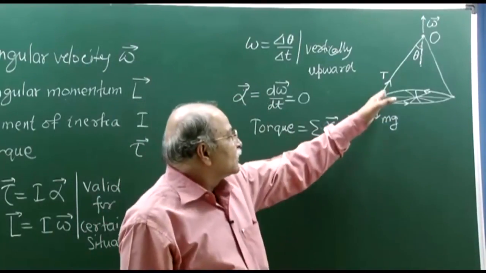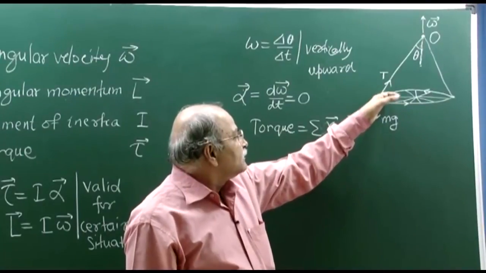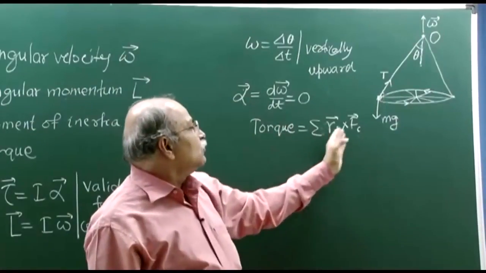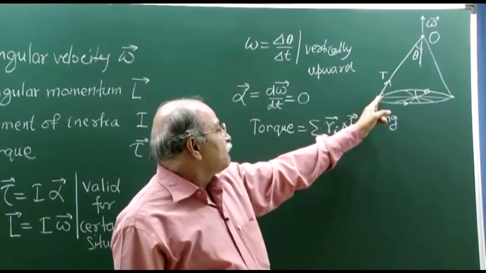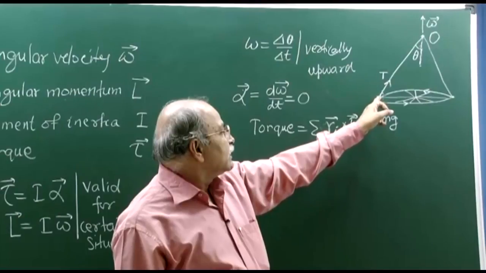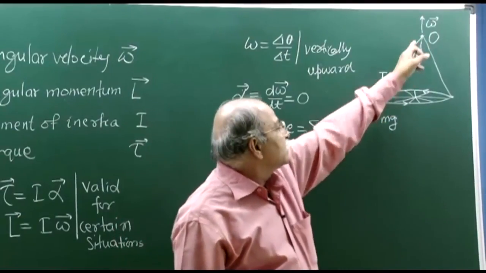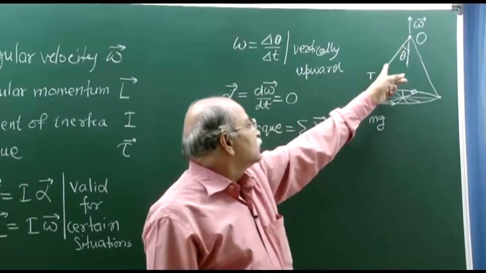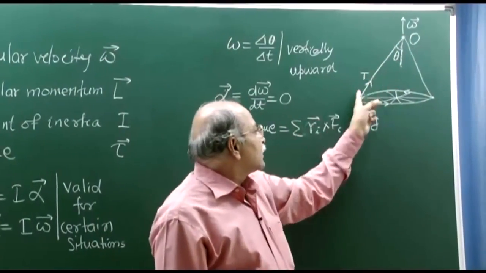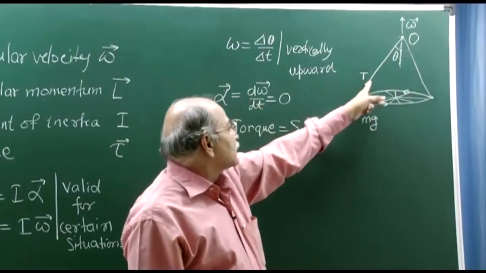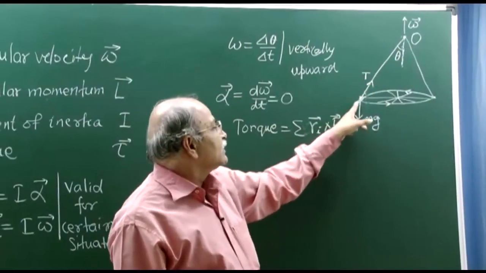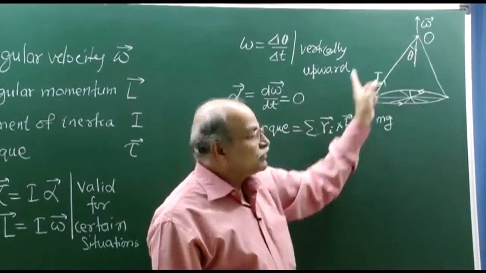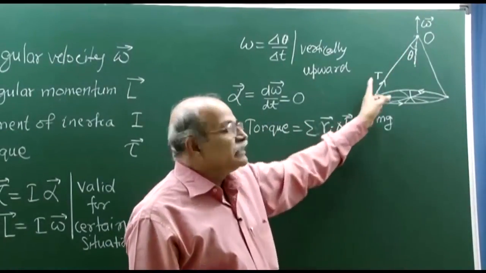The torque of this tension force about this origin should be 0, because the force is acting at this point and origin is here, this r vector is from origin to the particle where the force is acting. The force vector is also along this same thread, and therefore they are parallel and the cross product will be 0.